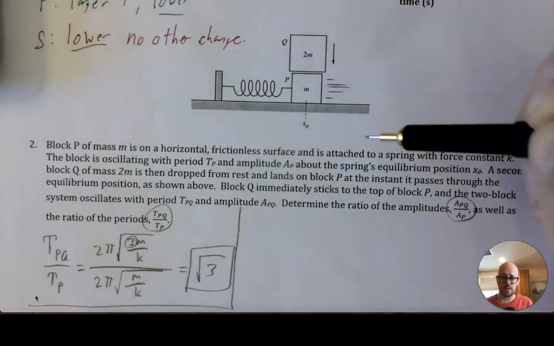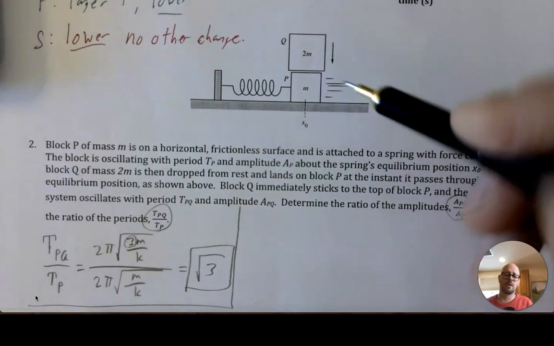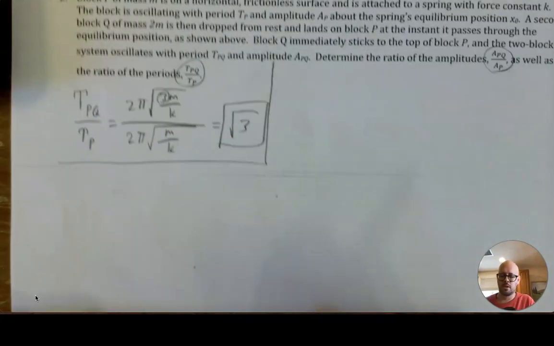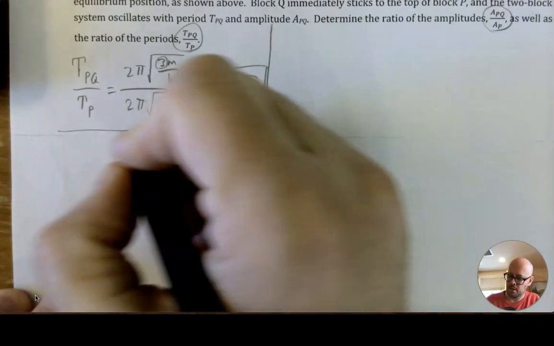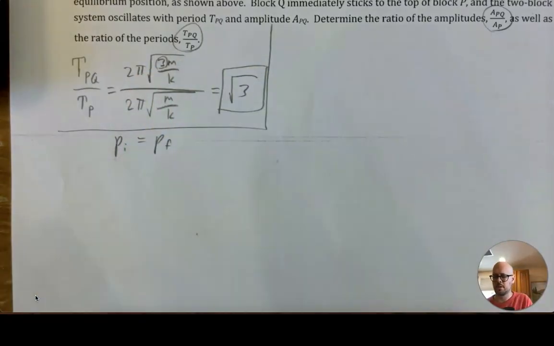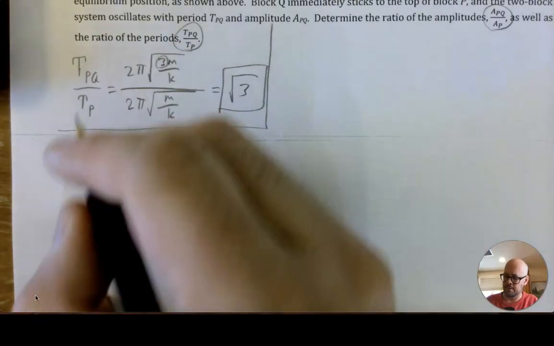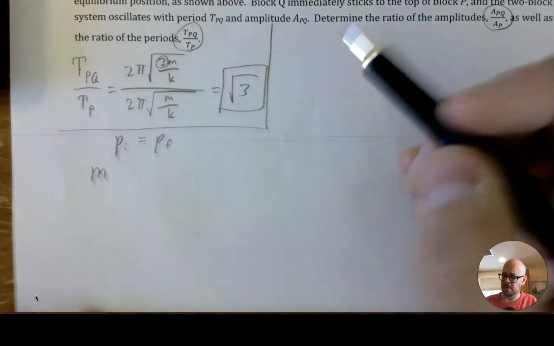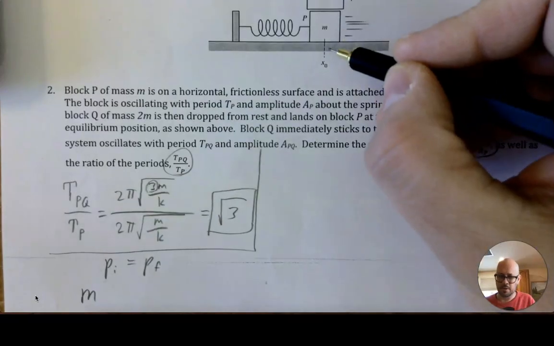Okay, now for the amplitudes, there's a lot more work ahead of us because the amplitude depends on the energy, and we have a collision. That collision is going to reduce the maximum energy available to the system because it's an inelastic collision. So we're going to apply conservation of linear momentum to this system. The initial system has a block of mass m moving through equilibrium.